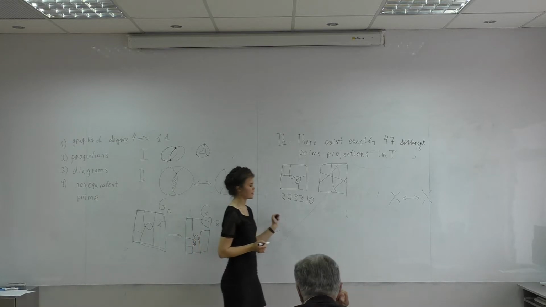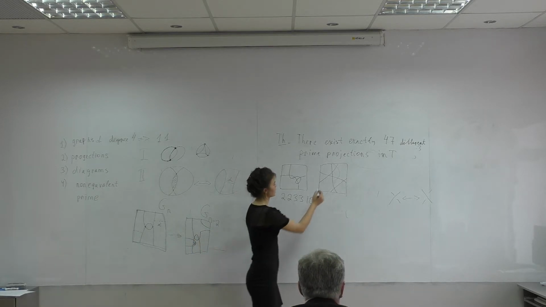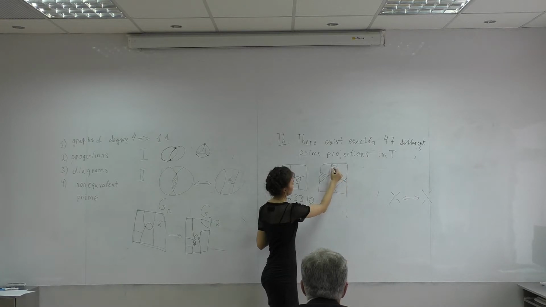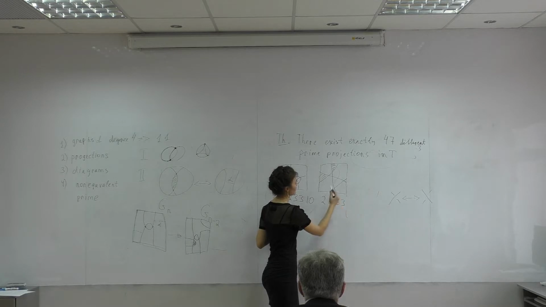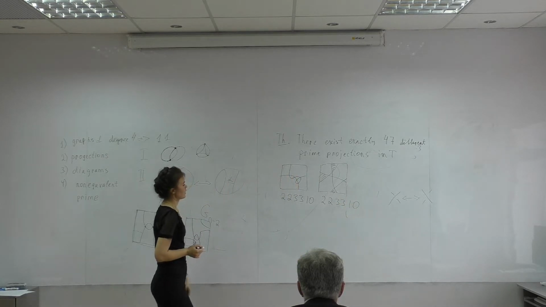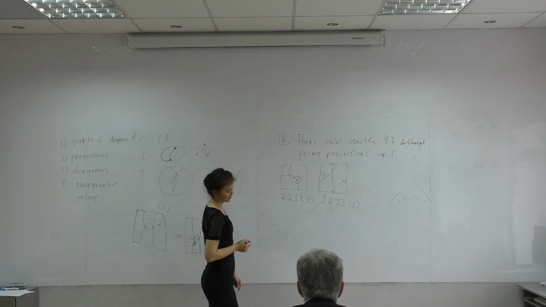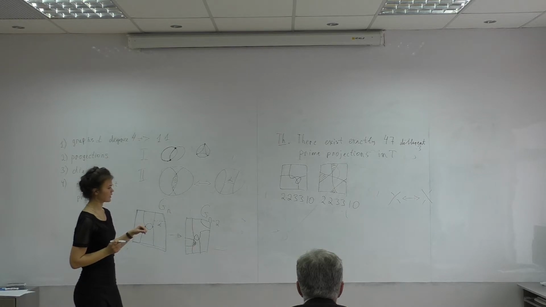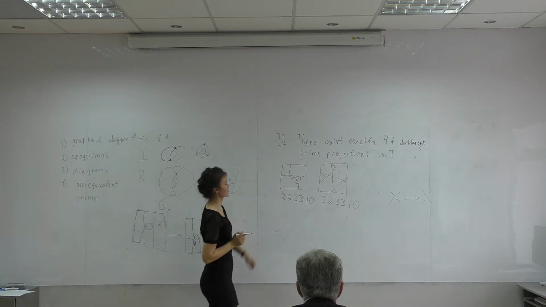We do the same for this projection. You can see 2, 2, 3, 3, and the last one is also 10. Every projection in our list contains such a string.